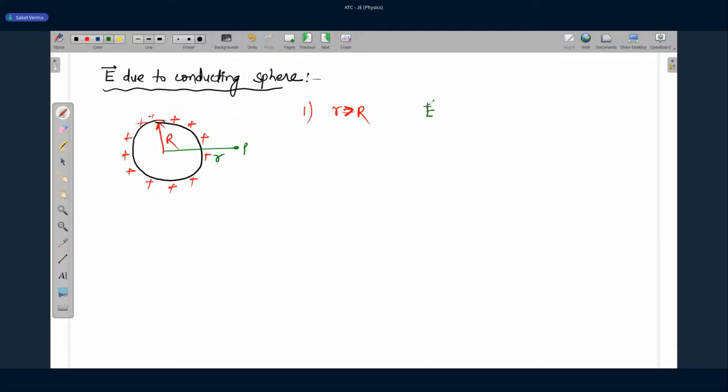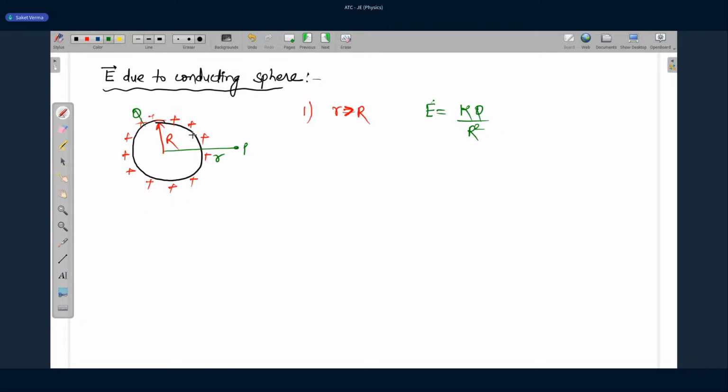So in this case, the electric field is equivalent to the point charge, kq by r square. The total charge on the sphere is q, so it will act as a point charge, and the formula will be kq by r square.